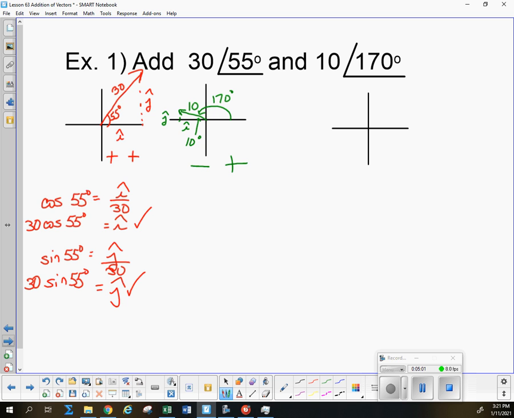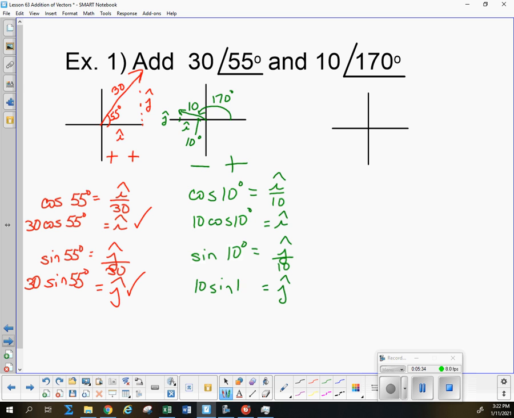The cosine of 10 degrees needs to be adjacent ihat over the hypotenuse 10, so this ihat needs to be 10 cosine 10 degrees, sort of. And the sine of 10 degrees needs to be opposite jhat over 10, so jhat needs to be 10 sine 10.